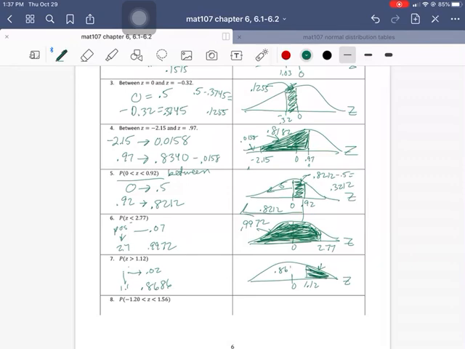That's going to be here. So we need to subtract it from 1 to get here. So 1 minus 0.8686 is going to give you 0.1314.